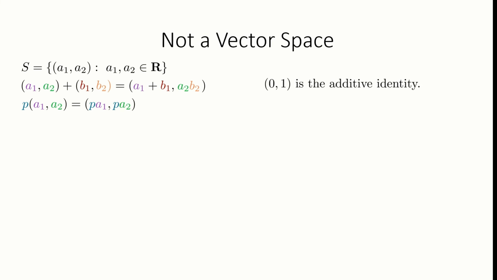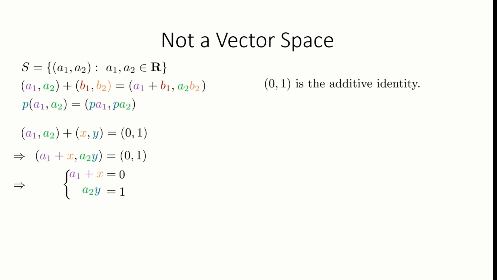By definition of additive inverse, an ordered pair (x, y) is the additive inverse of the ordered pair (a1, a2) if their addition is the identity vector, which is the ordered pair (0, 1) in this case. Perform addition on the left hand side using the definition of addition, and the corresponding entries should be equal. a1 plus x should be equal to 0 and a2y should be equal to 1.